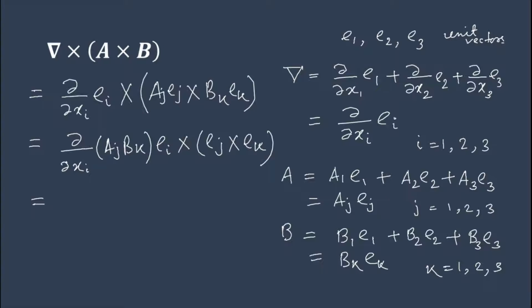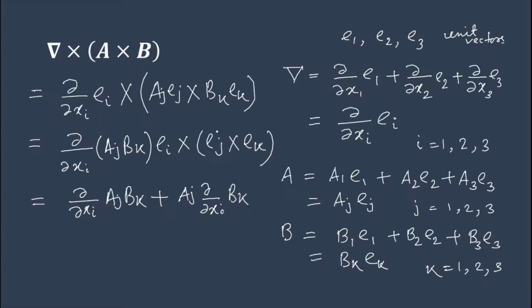So let us first do this partial derivative of Aj Bk. We will have first del xi Aj and Bk remained, plus Aj remained del xi of Bk.